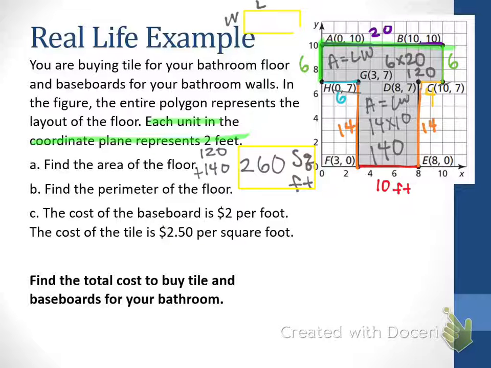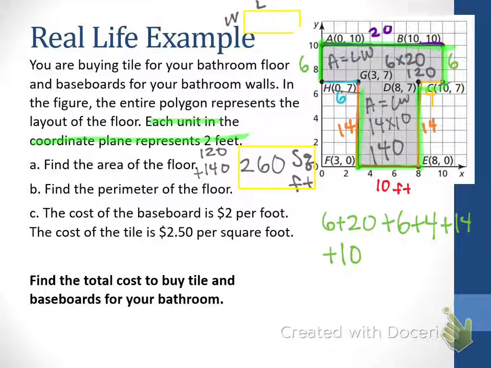Okay. Find the perimeter. How do we find the perimeter of this bathroom? Add all the lengths. I already started highlighting up here, so I'll start up here. We got 6 plus 20 plus 6 plus 4 plus 14 plus 10 plus 14 plus 6. You don't have to write it all out, but I will.